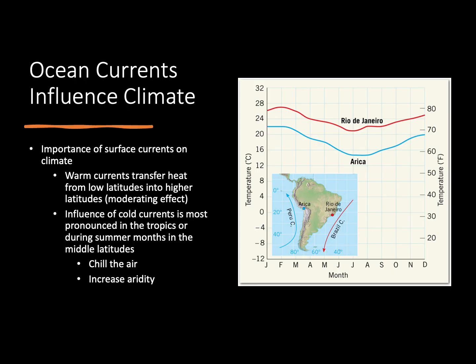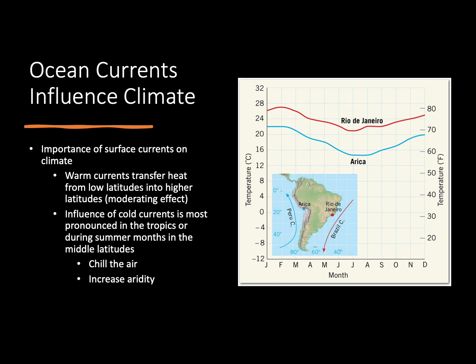One of the things that I pointed out on a previous slide was the difference between warm currents and cold currents. It just tells us simply whether the water is warmer or colder. But these surface currents are going to have a really big impact on our climate in different areas. So our warm currents are taking heat from our equator and they're taking it into our higher latitudes, our polar regions.